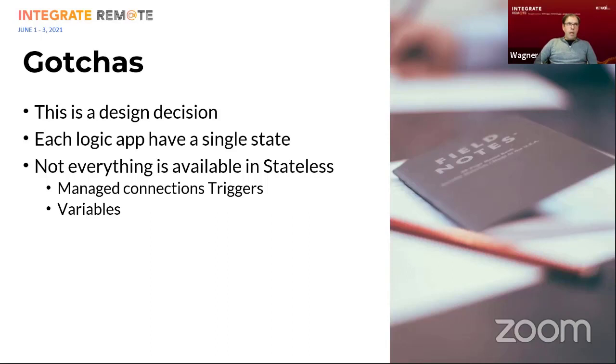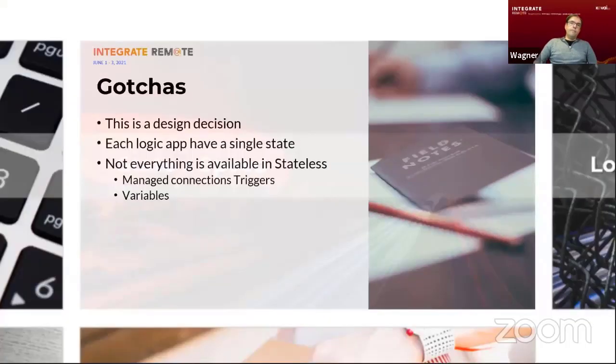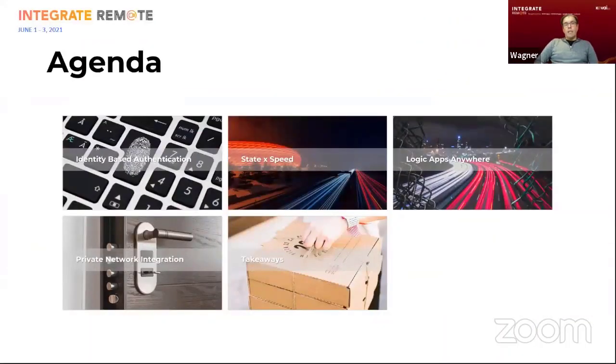So just bear in mind that when you're creating stateless workflows, you need to understand what is available there, so you should be able to work with them properly. But you're going to have the benefit of faster throughput. Okay, so that is the second one. Then let's go to the third item.